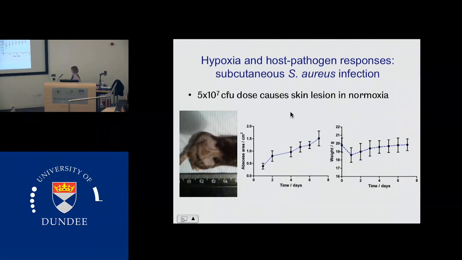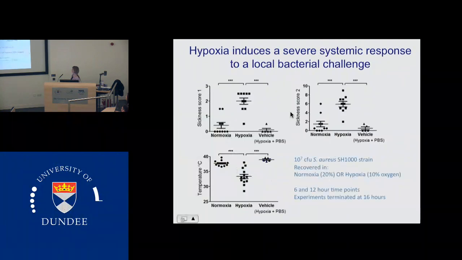So we took this very localized infection and asked, what effect does systemic hypoxia have on this infection? And the answer is it has a very, very profound effect. We took our mice, gave them relatively small numbers of Staph aureus, and then put them either into normal levels of oxygen, 20%, or hypoxia, 10%, which gives them an arterial PO2 of about 6 to 7 kilopascals.